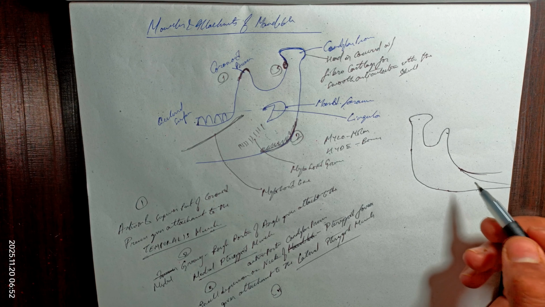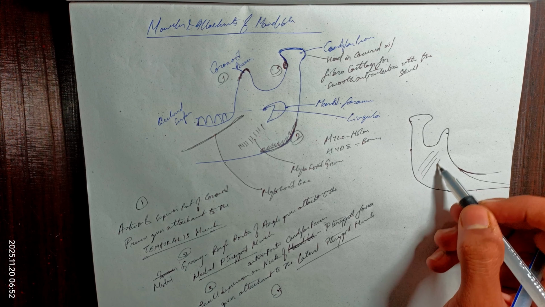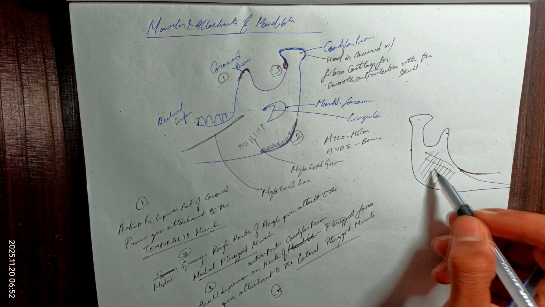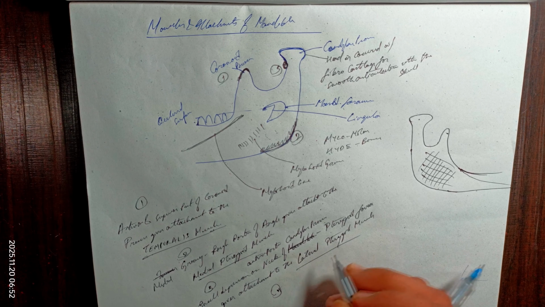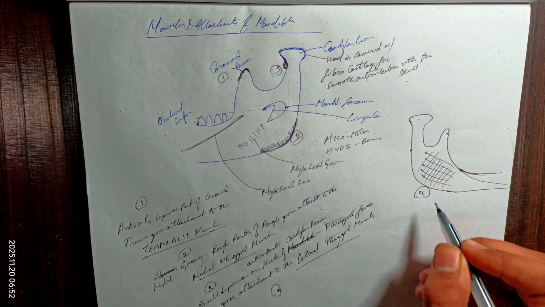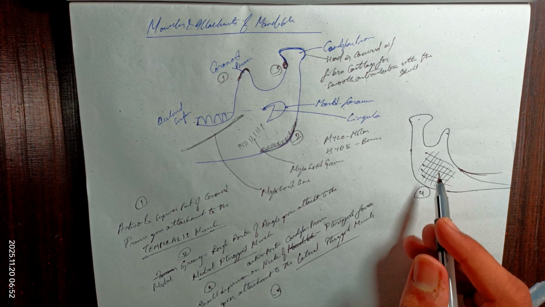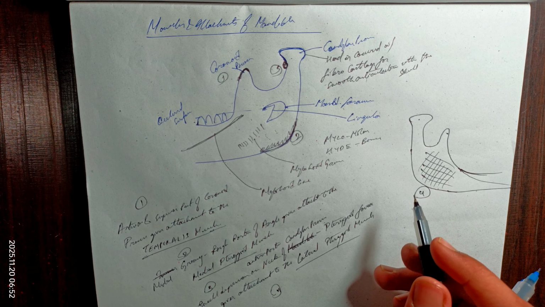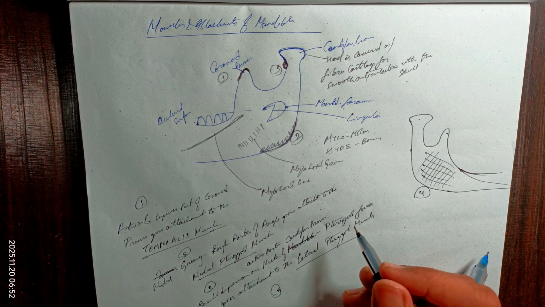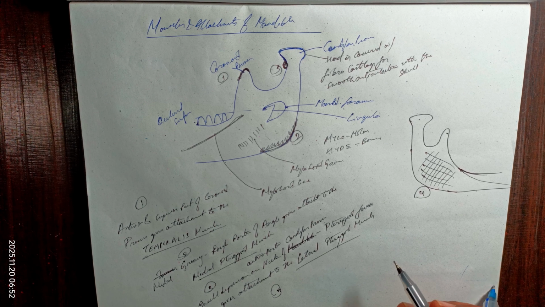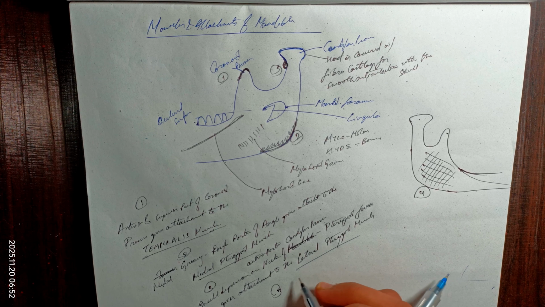This is the oblique line. So here, this four is on the lateral side.